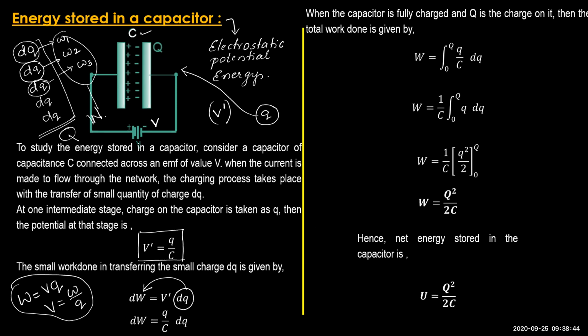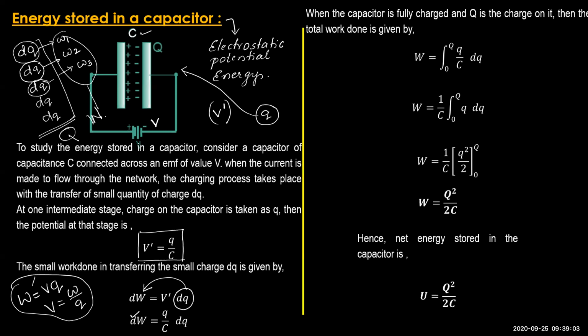So dW is equal to V dash into dQ. Now substitute V dash, it will be Q by C into dQ. So this is the small amount of work done, that is dW.